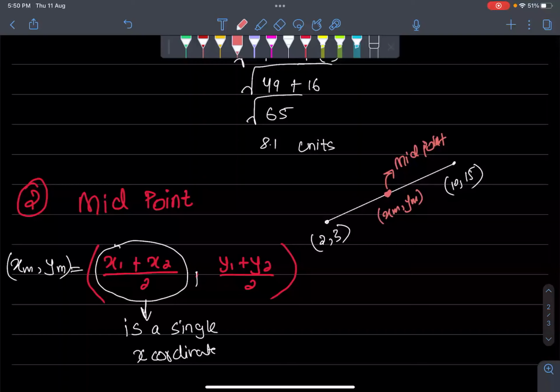Okay. Now how will we do this? I just taught you how to name the coordinates.